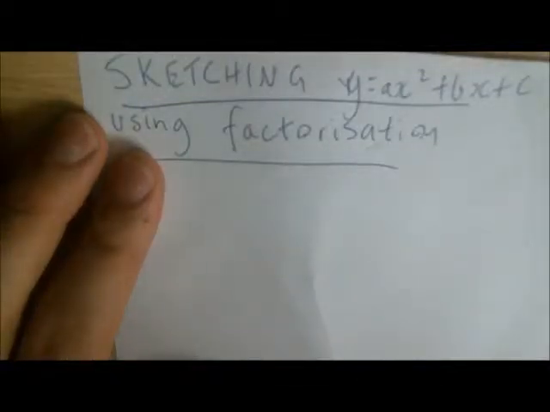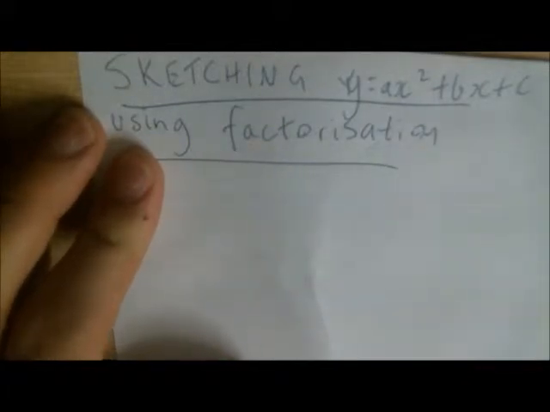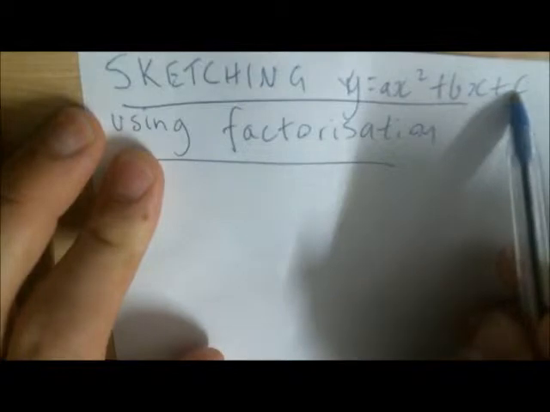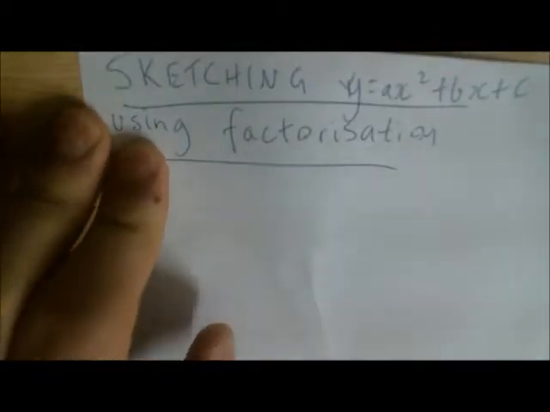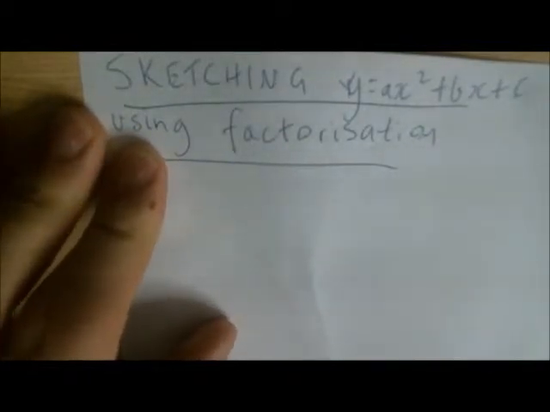Alright, today we're going to be looking at sketching y equals ax squared plus bx plus c using factorisation. So basically what we're going to be doing is factorising this in order to find our x-intercepts, which will help us sketch a graph.